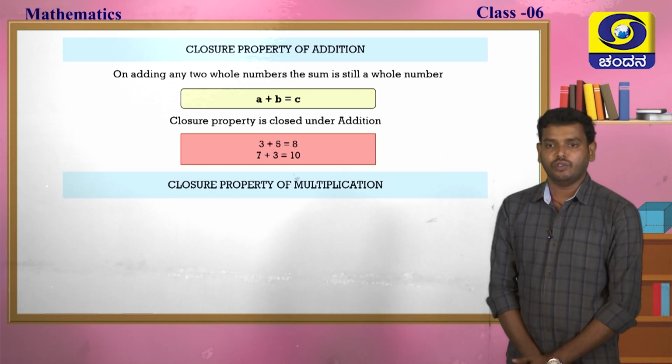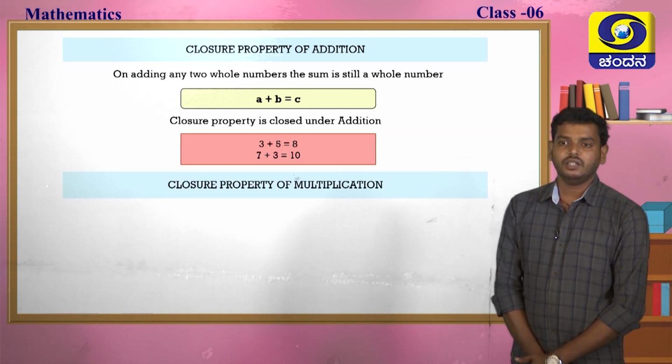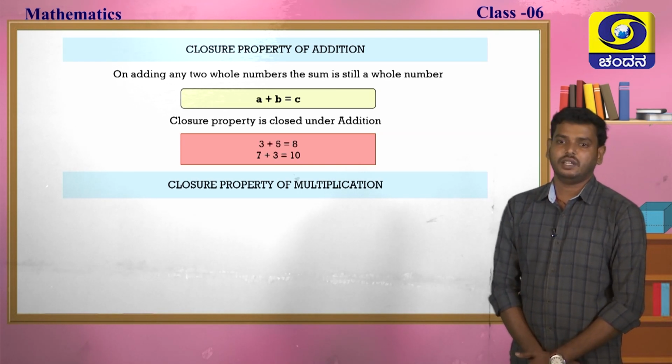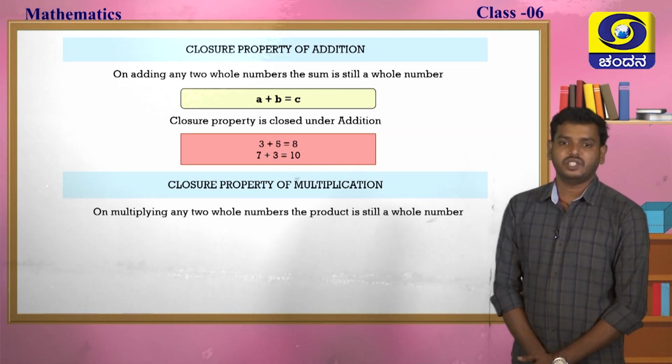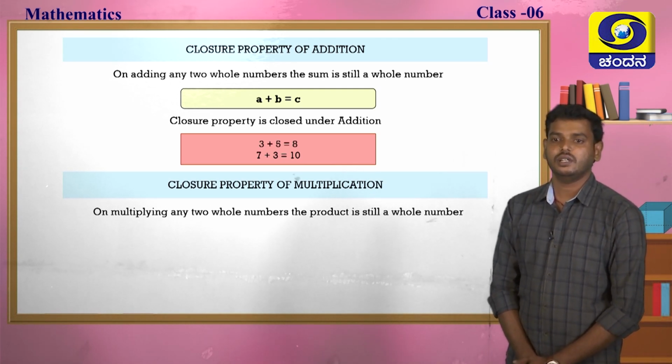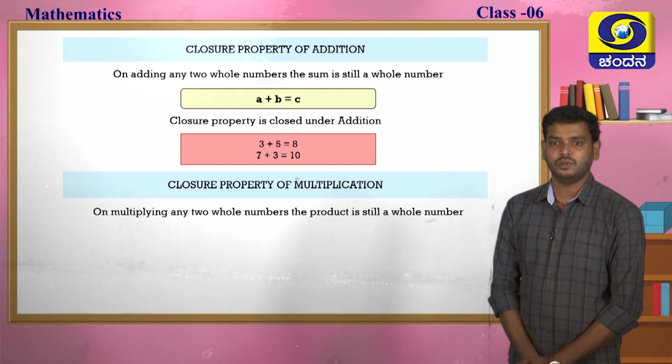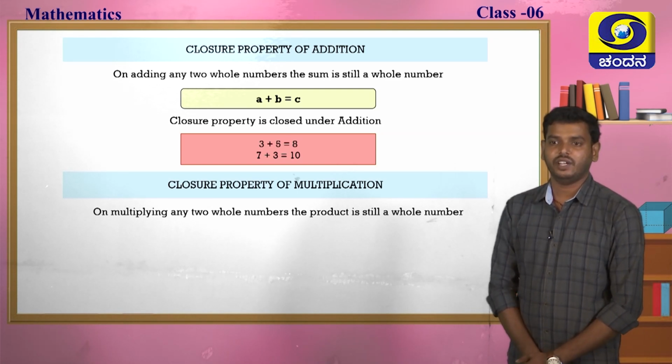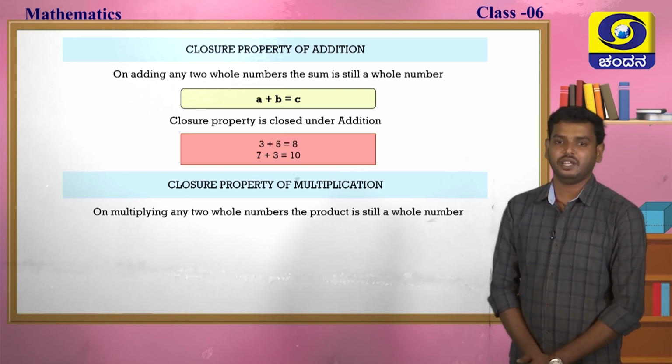Closure property of multiplication. Even this we have learnt with an activity, which says on multiplying any two whole numbers, the product is still a whole number. Of course, with the help of the activity we have learned, the same thing we are explaining here.